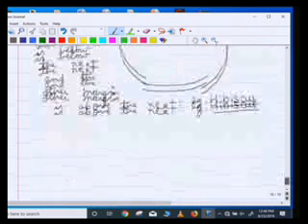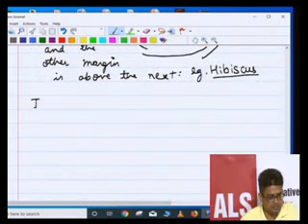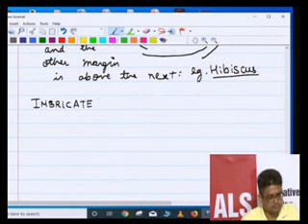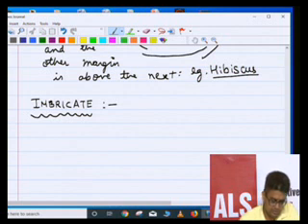Then the other estivation is the imbricate estivation. In imbricate estivation, what happens is, this is a bit complex.